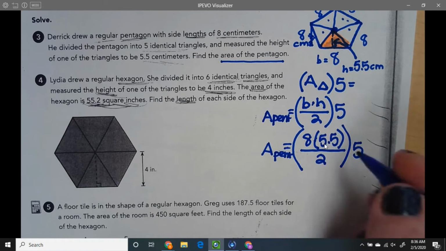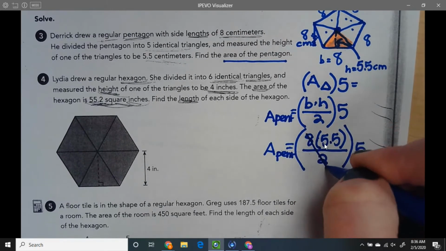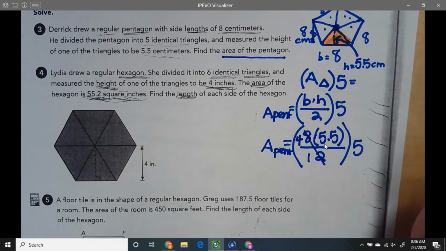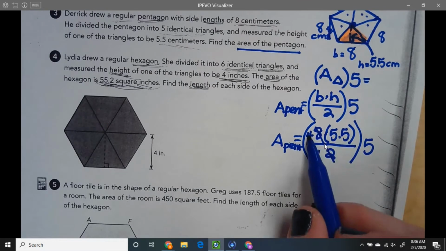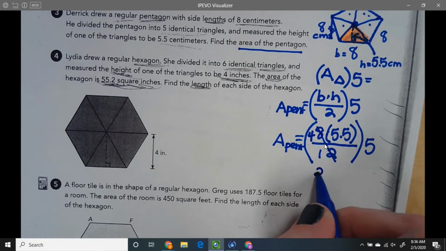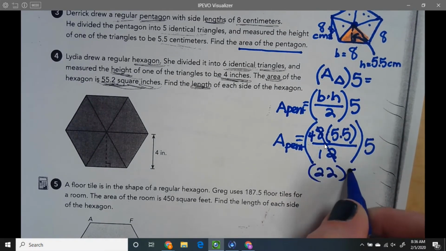So you do 8 times 5.5, or you can simplify the 8 divided by 2 first. And that would be 4. This would be 1. So then you'd have 4 times 5.5. So that would be 22 times 5.